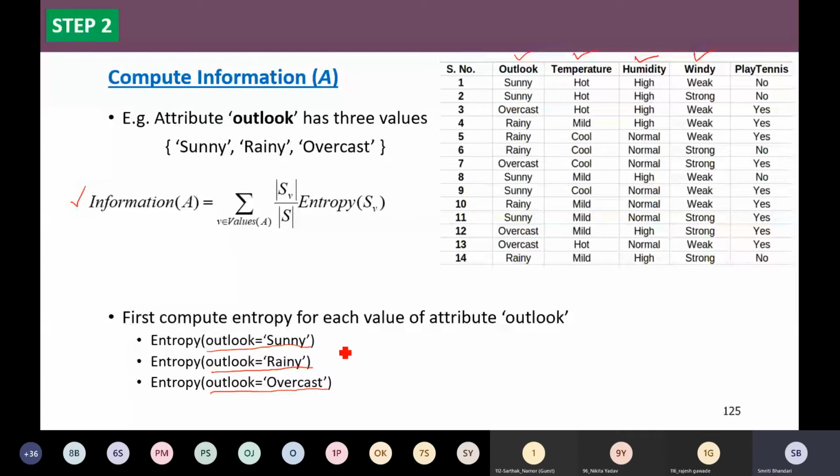Let us see how we are going to compute these individual entropy values, and then how we compute the information for attribute outlook.